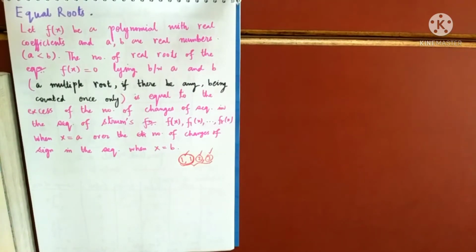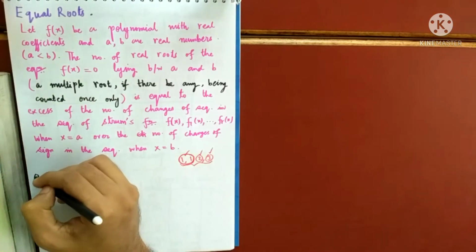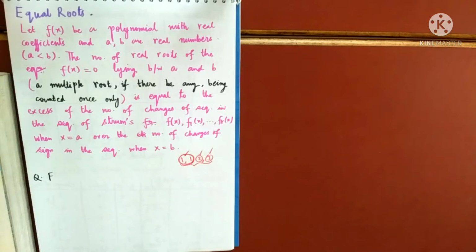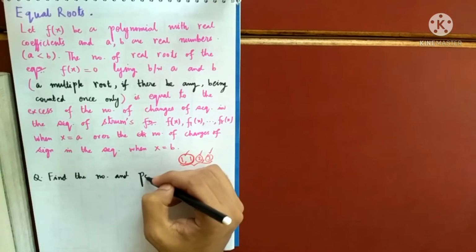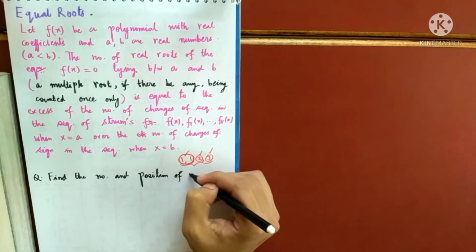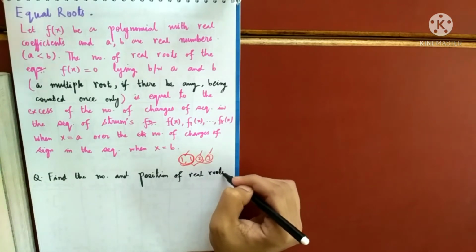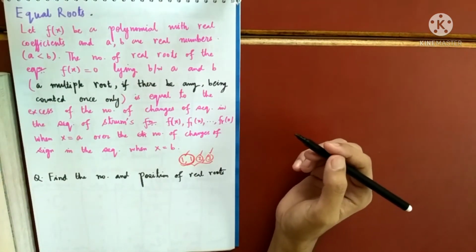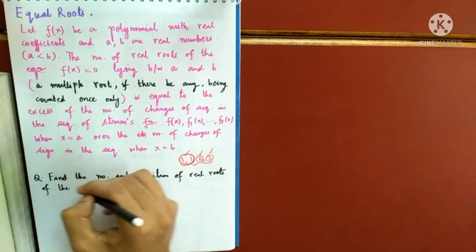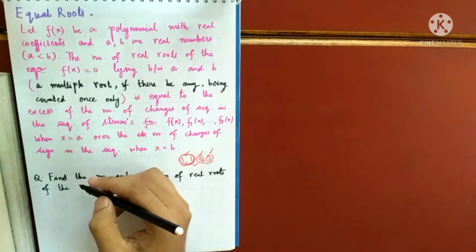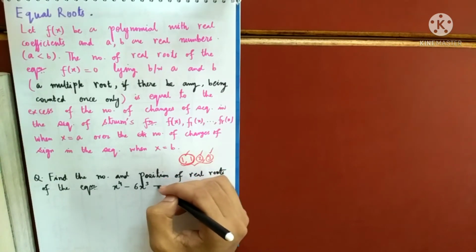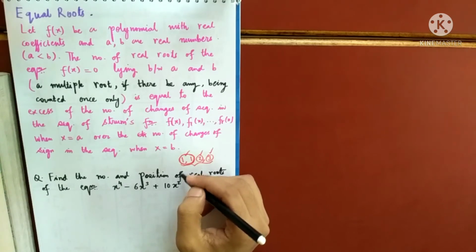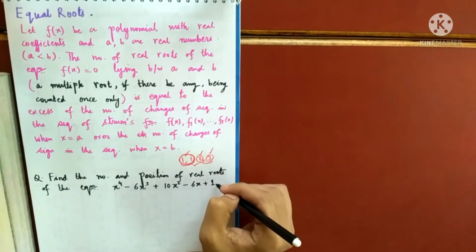The question is this. Find the number and position of real roots of the equation x to the power 4 minus 6x cube plus 10x square minus 6x plus 1 equals 0.